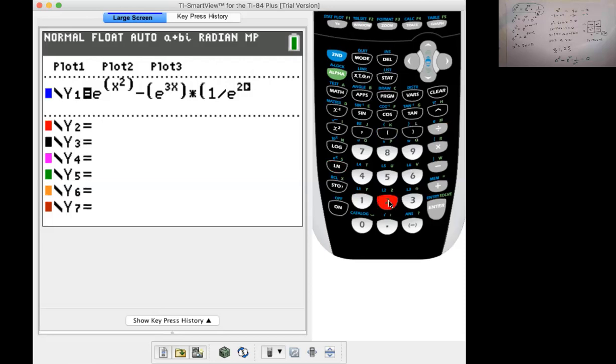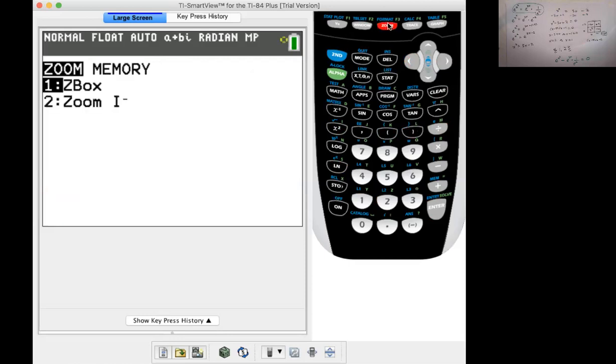I'm a little nervous about the order of operations here. Maybe we'll put an extra parentheses in there. 1 over e squared. Now I have no issues. So you can see that the computer syntax gets tricky here. But if you do it correctly, I hope my answers are going to be 1 and 2.